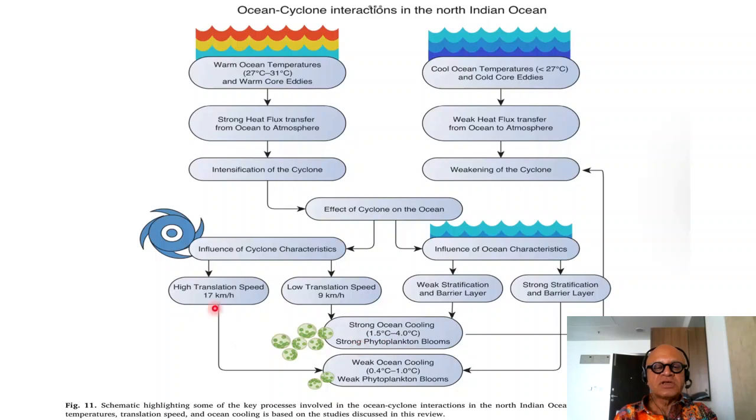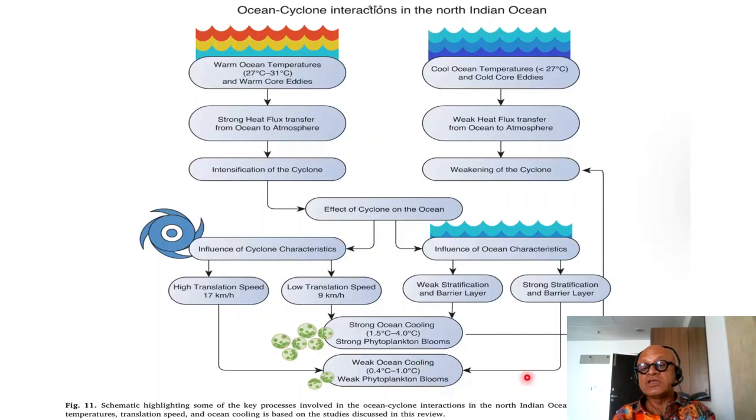Strong phytoplankton blooms here, whereas if there is a high translation speed, the cyclone moves past fairly quickly, so the ocean cooling in fact is weaker, only 0.4 degrees C to 1 degree C. So if the cyclone is moving slower, it has more time to pick up energy, and there are broader implications, because it is generally argued that cyclones are beginning to move slower as the ocean is warming, because a warmer ocean is also providing more heat content to a deeper level. But this may not necessarily be the case for the Bay of Bengal, so this has to be looked at.